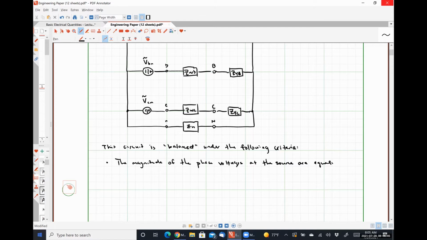So that would mean the magnitude of VAN would have to be equal to the magnitude of VBN, would have to be equal to the magnitude of VCN.